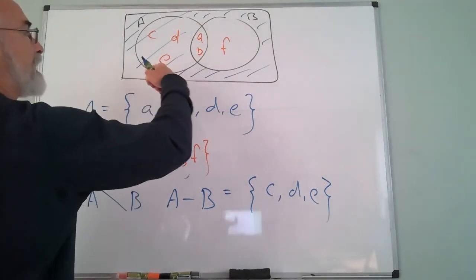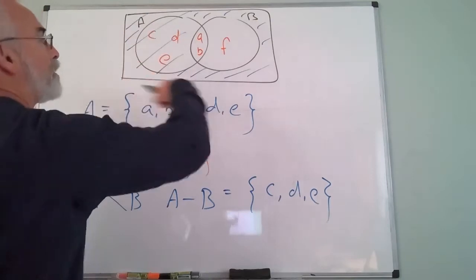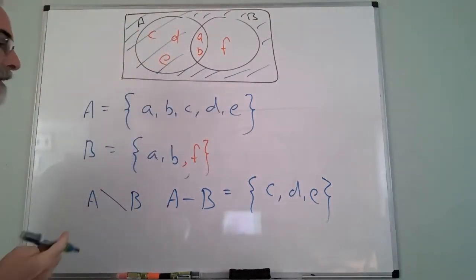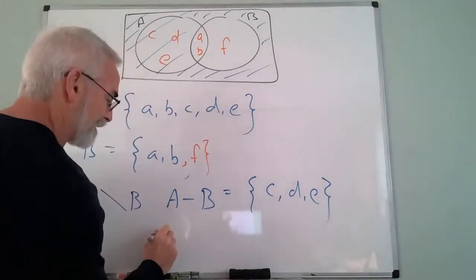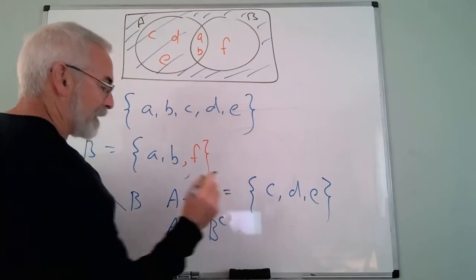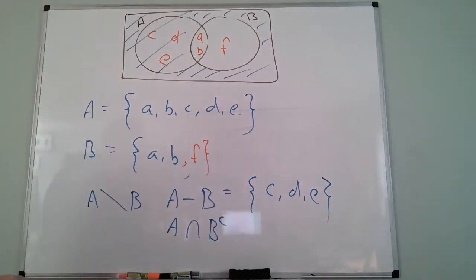If I said, let's take B complement and all of B complement that is also in A at the same time, then this would be the same as saying A intersect B complement. So from my picture, I want to make that absolutely clear.